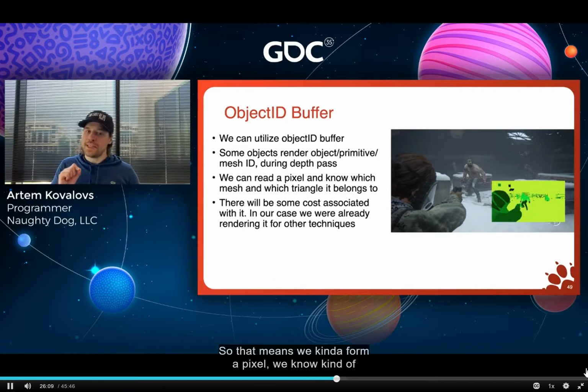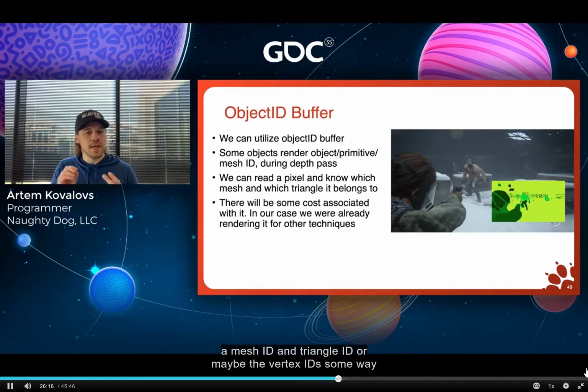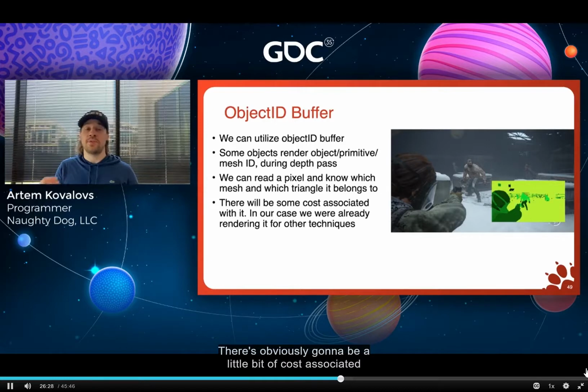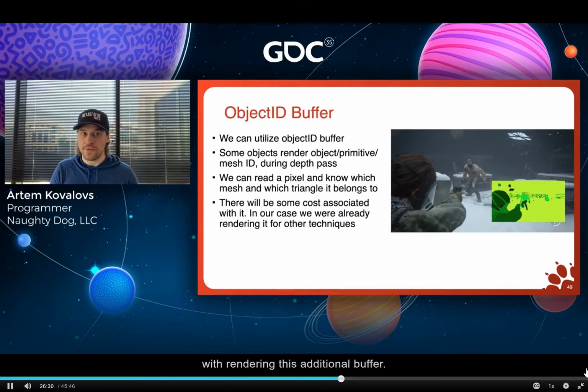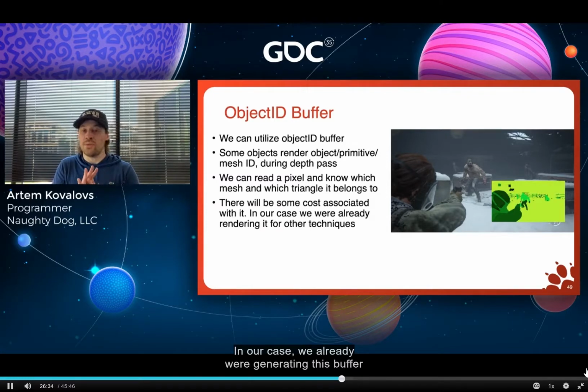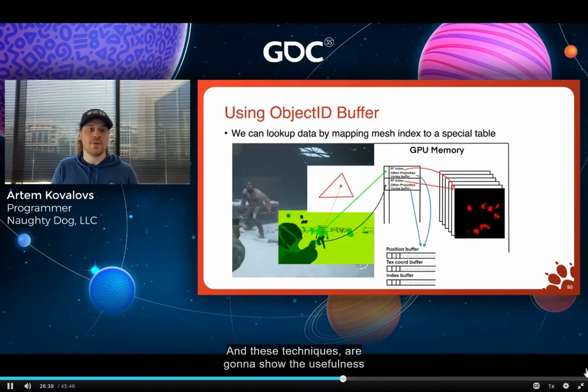So from a pixel, we know a mesh ID and a triangle ID, or maybe the vertex IDs, some way to know ultimately which mesh and which triangle produced this particular pixel. There's obviously going to be a little bit of cost associated with rendering this additional buffer. Good news is that not all objects need to do that. In our case, we already were generating this buffer for other effects, and these techniques can show the usefulness of this particular buffer as well.